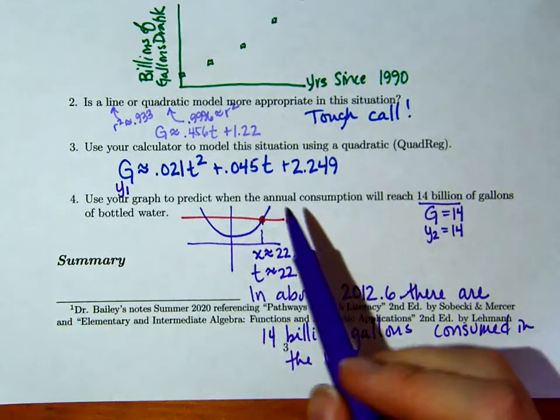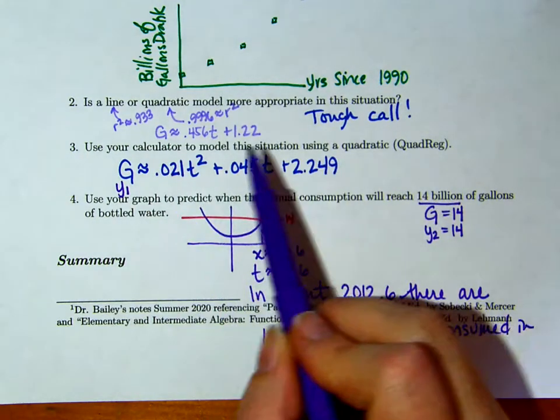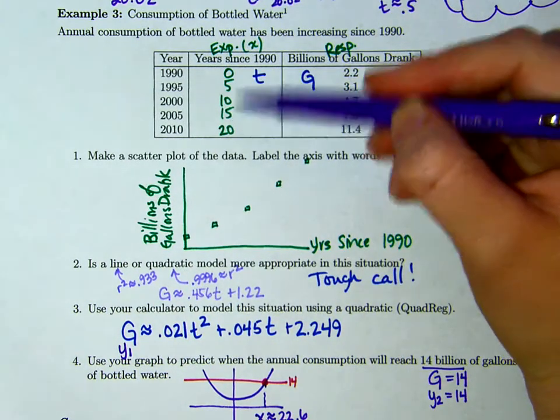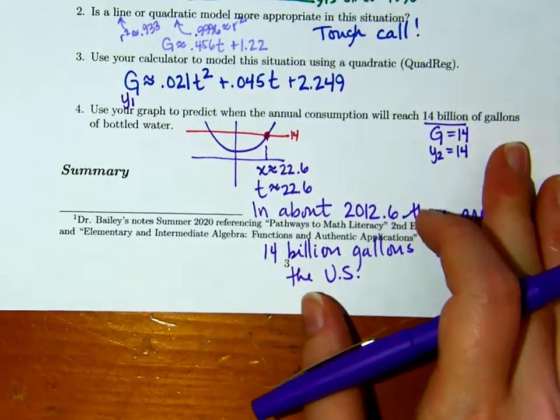Now first, I want you to know that the model that we've been using up to this point was based on this data. That was only 5 data points. So it would be nice if we had a bigger sample, a little more tedious, but that's okay.